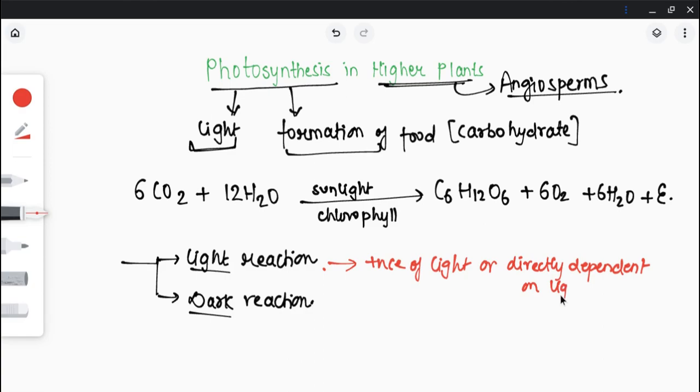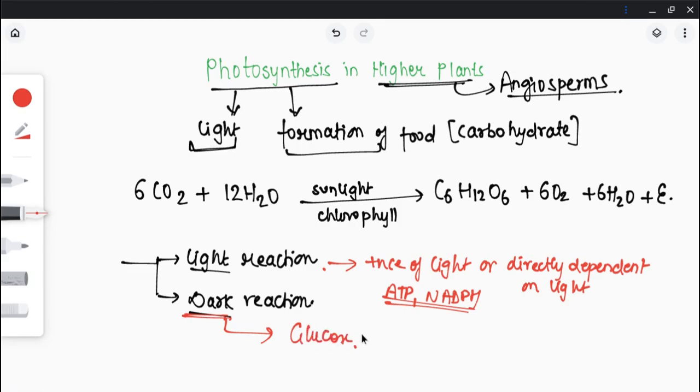But this dark reaction is not happening in dark. This dark reaction is dependent on the product of light reaction. Okay. So what will be the product formed in light reaction? ATP and NADPH. These are the energy currency. Now using this energy currency, the dark reaction will form the glucose molecule.